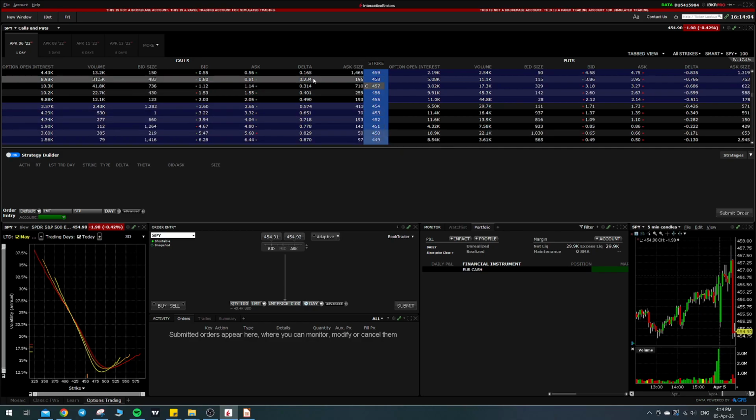And for example, if we go here, we have a 23%, 24% chance that our price is going to end up above 458, taking into account that the current price is 454, 455.